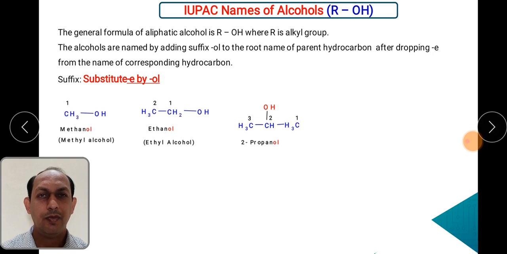First compound containing only one carbon, methanol, or it is also called methyl alcohol. Last letter OL. यहाँ पे आप देख सकते हैं कि E जो लेटर है मीथेन का वो रिप्लेस किया है कैसे? OL से. So what is the name?